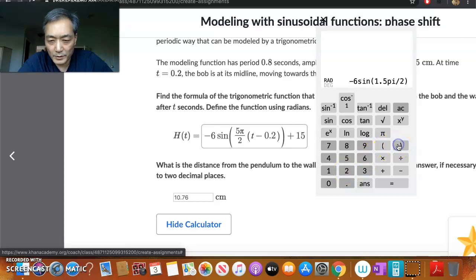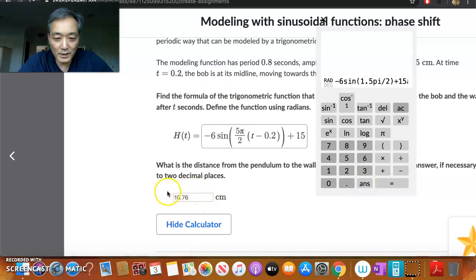Okay, close up the parentheses, and then it's going to be plus 15. For some reason, it does not give an answer. This is very strange. Anyway, it works. Okay, so use an outside calculator. Do this. Just put 0.5 in here. Okay, and use your graphing calculator.